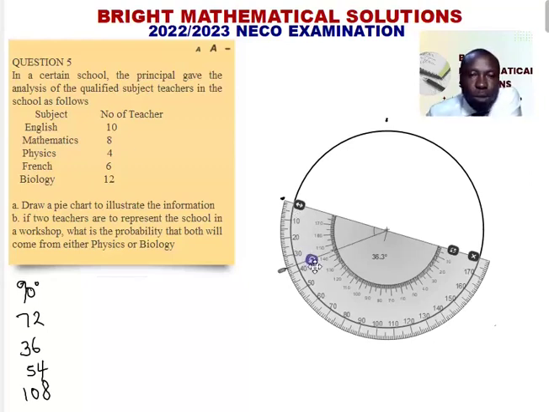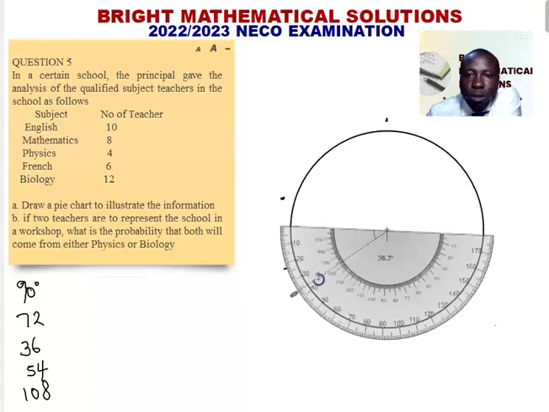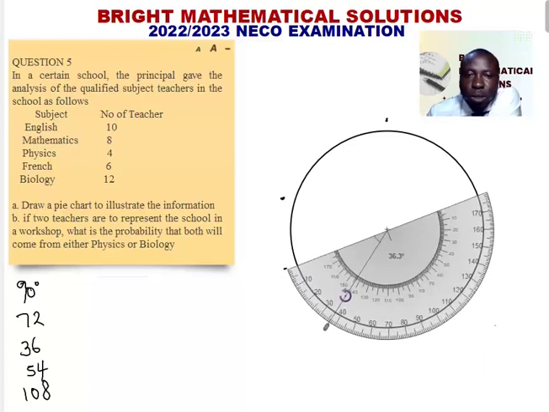So the next one is 54 degrees. I'm going to shift my protractor again. So I'm looking for 54 degrees.